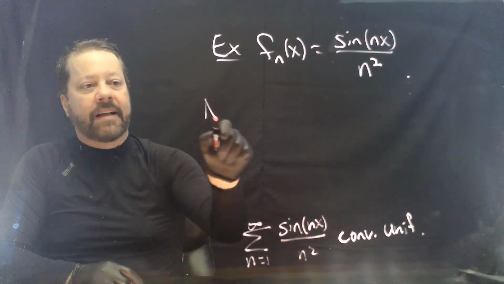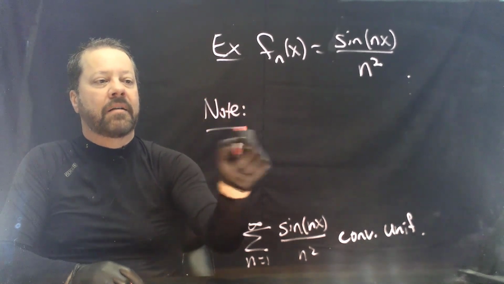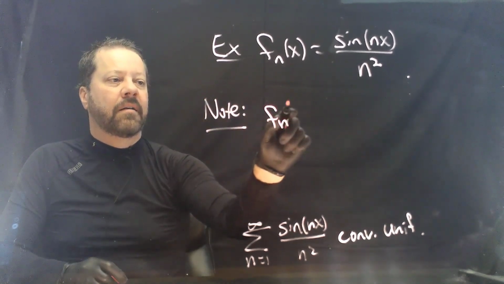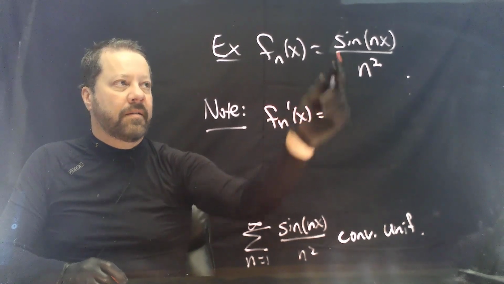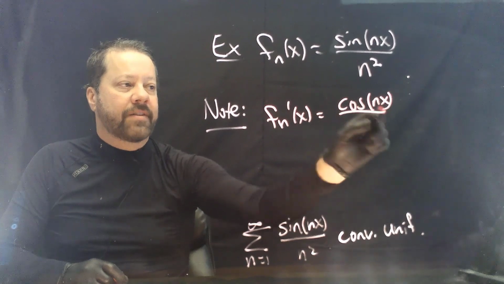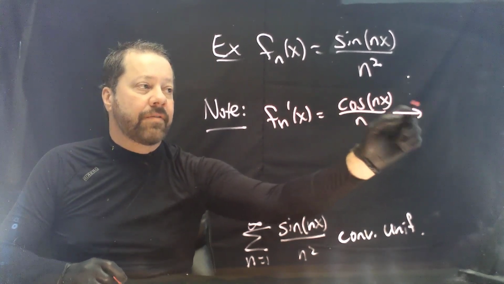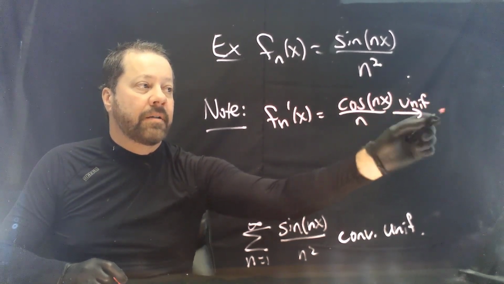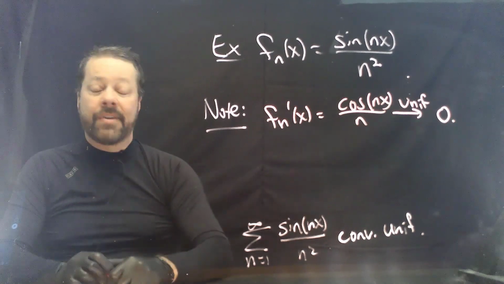So note that these derivatives are going to be the cosine of nx over n, and these converge uniformly to the function that is identically 0.